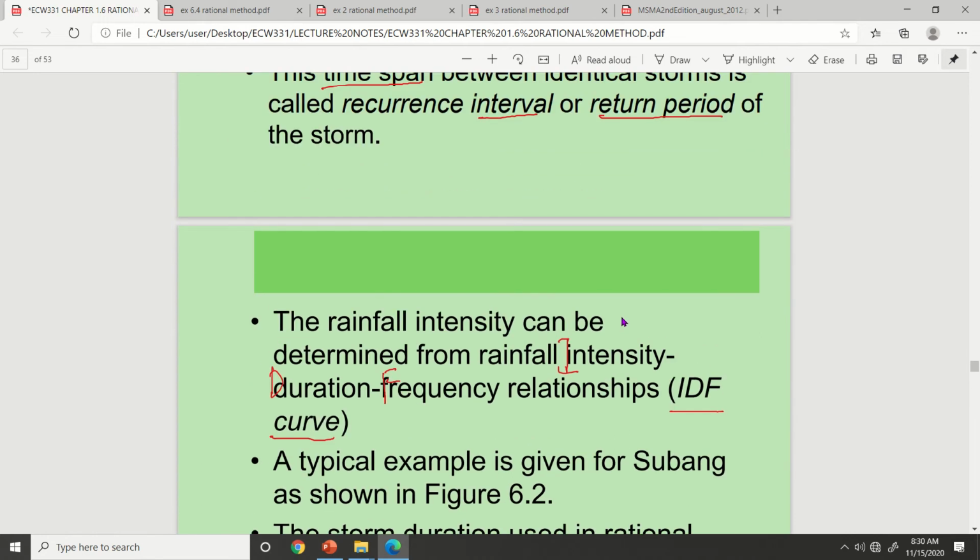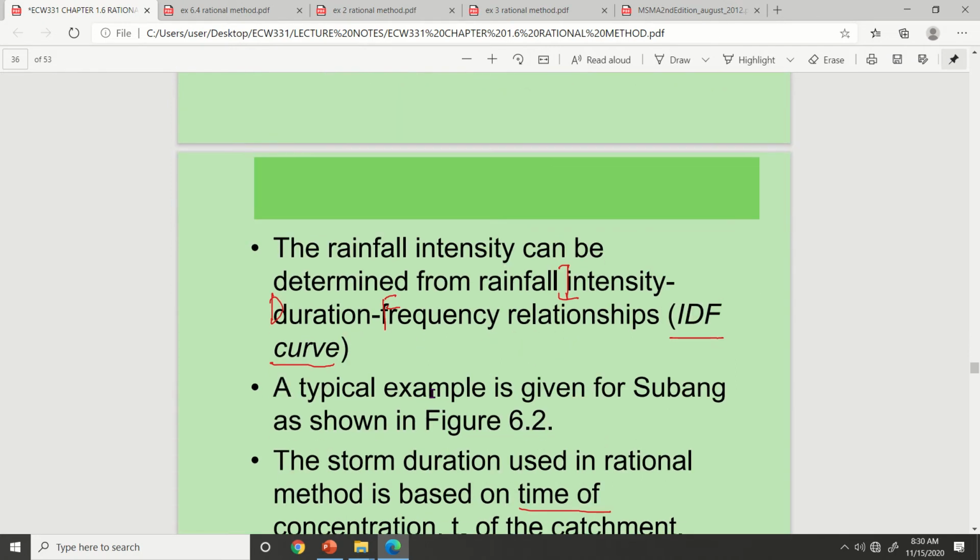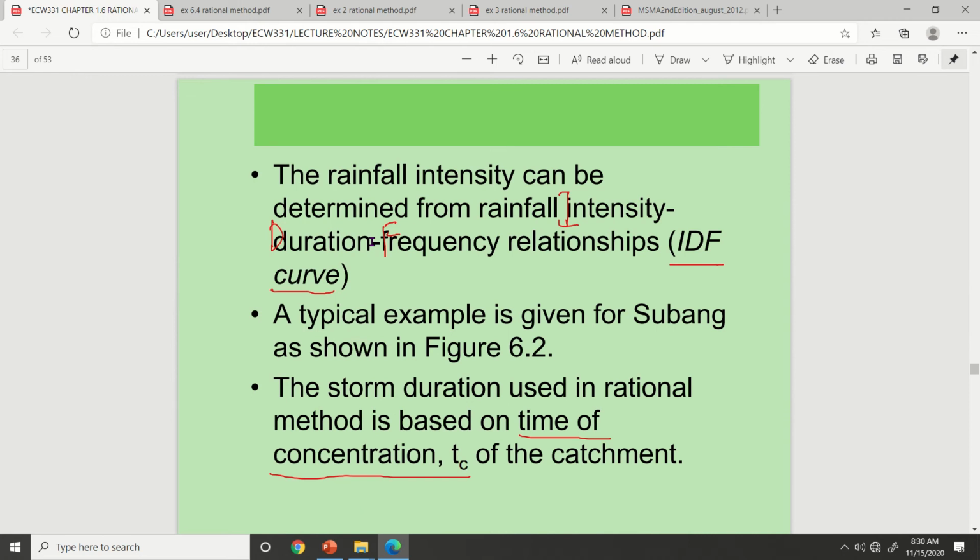To determine the rainfall intensity we can use the IDF curve, the intensity, duration, frequency curve. Right, so this IDF curve will be given. For different areas, for example Gombak or Putrajaya or Seremban, there will be a different IDF curve.